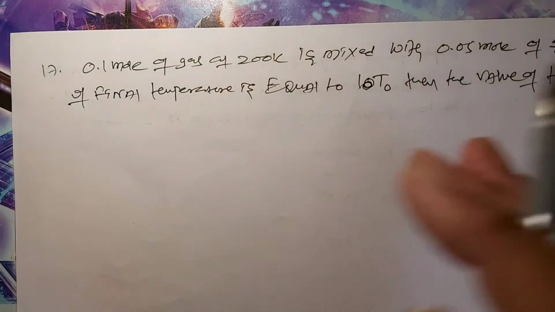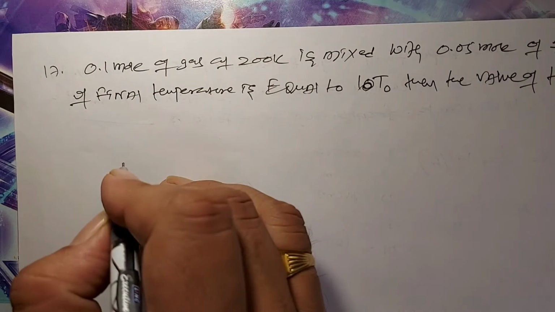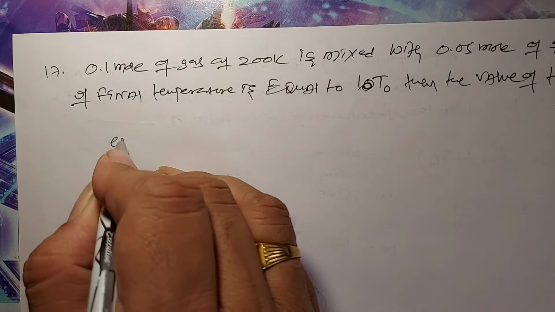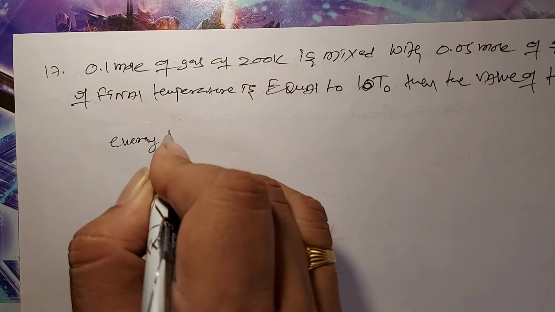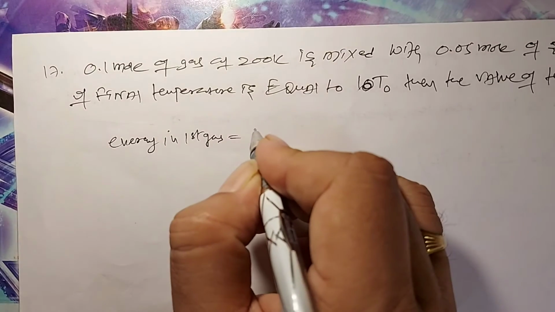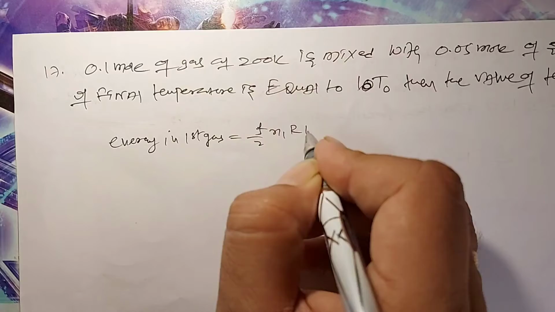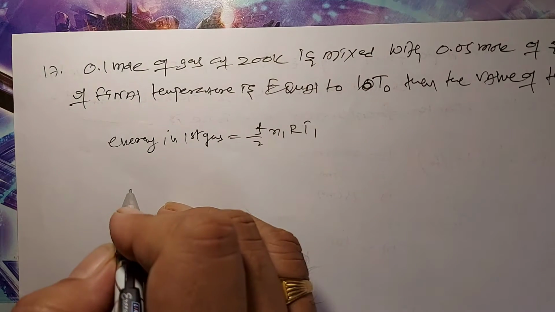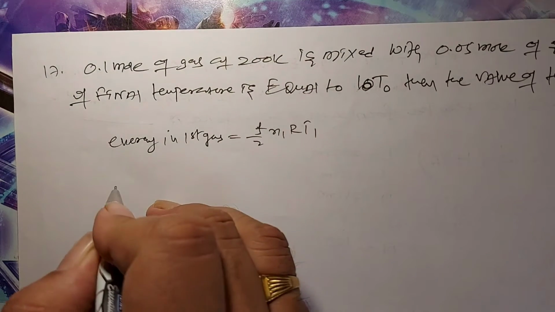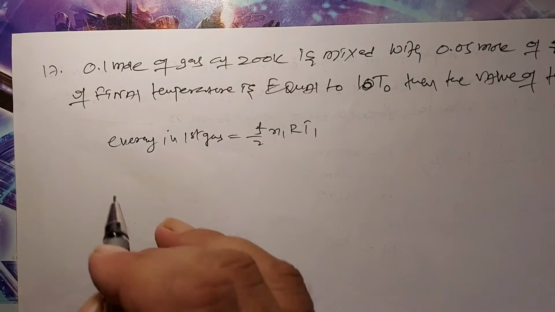Now we are going to calculate the individual initial energies of the two gases. Energy in the first gas is equal to how much? f by 2 n1 R T1 before mixing. Now we calculate the individual energies before mixing.